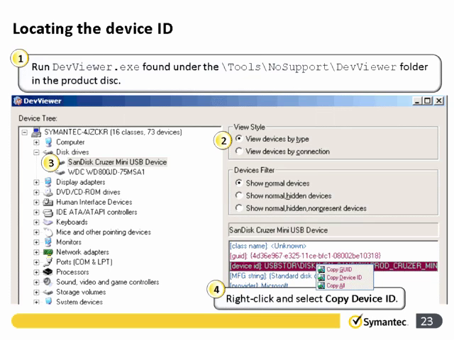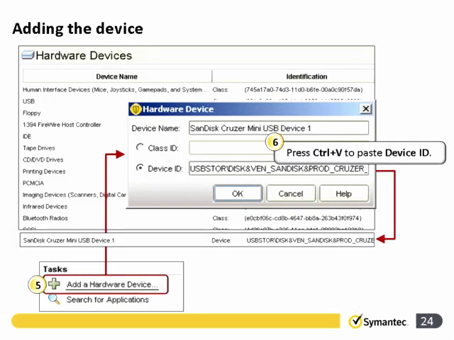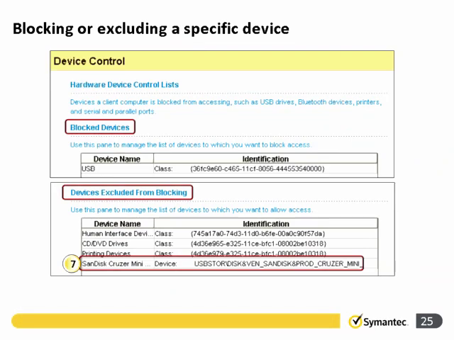And here we can find the class ID of the specific device you wish to add. And then we can add it in the hardware devices list. And then we can add that particular new device in our two sections, either blocked or exclusions.